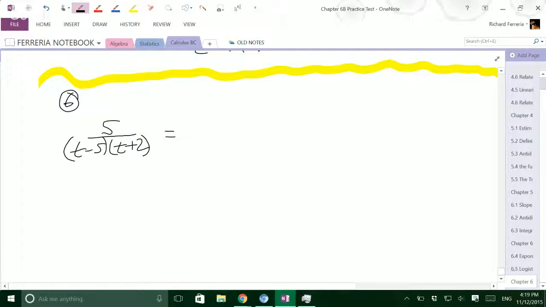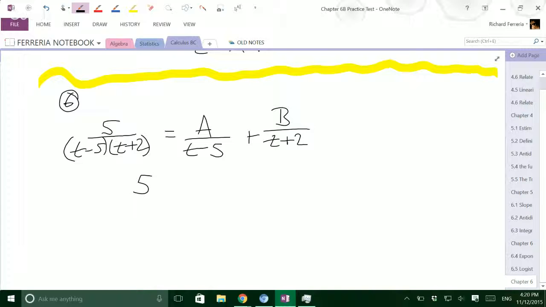That's going to be equal to A over t minus 5 plus B over t plus 2. I always like to write out that first line so I get the coefficients of the correct partial fractions. We're going to take the LCD and equate the numerators all in one step. If you need to do that slower, that's totally up to you.